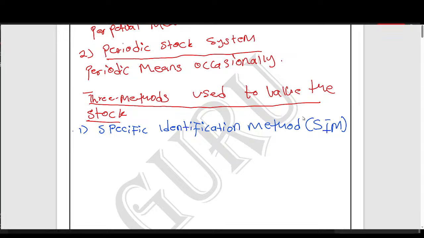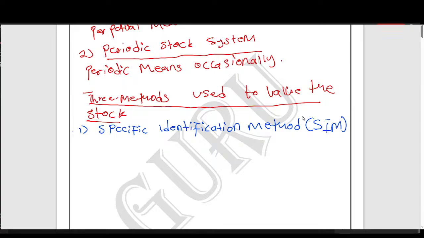So I just want to talk about the specific identification and see how it works. How do we calculate cost of sales? Remember, when we value our stock, there are three very important things. Like I was saying when I was talking about the perpetual and the periodic systems, the most important items to focus on are how to calculate the cost of sales using a certain method, how we calculate the sales, and how we calculate the gross profit.